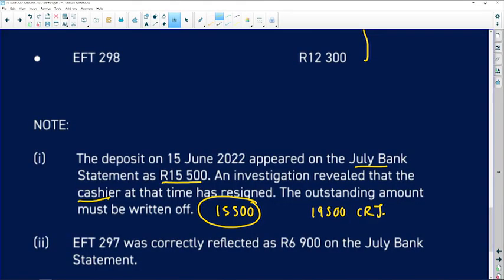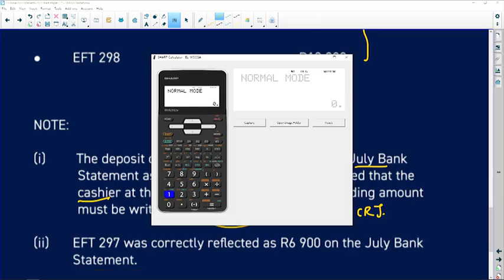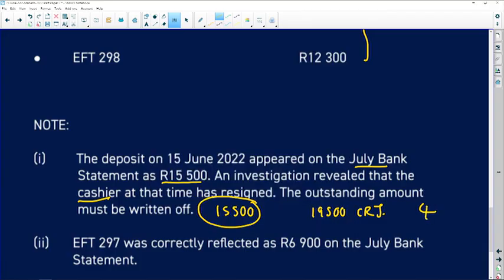So clearly there's some money missing, and because the cashier is no longer employed at the business, they are now writing this off. Okay, so how much of a loss has the business suffered? So obviously 19,500, less the actual amount of 15,500, and the loss should be 4,000. Okay, so how are we going to write off the loss of 4,000?